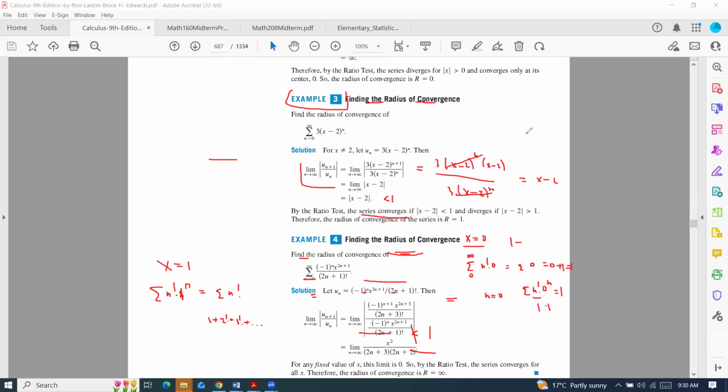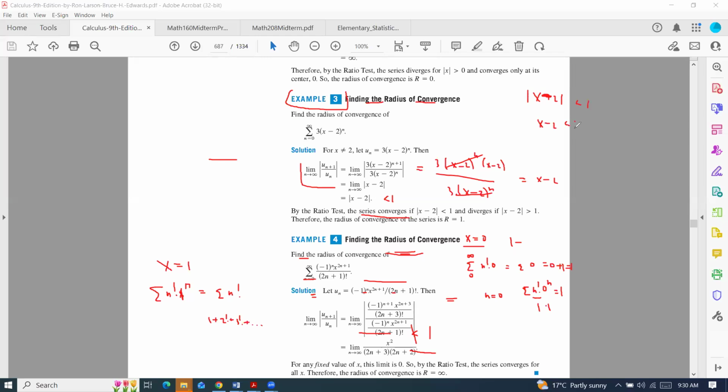So now you need to solve your inequality, right? So how do I solve this inequality? The absolute value of x minus 2, x minus, not plus, minus 2, is less than 1. Well, just the way we used to solve inequalities, you get rid of the absolute value, right?